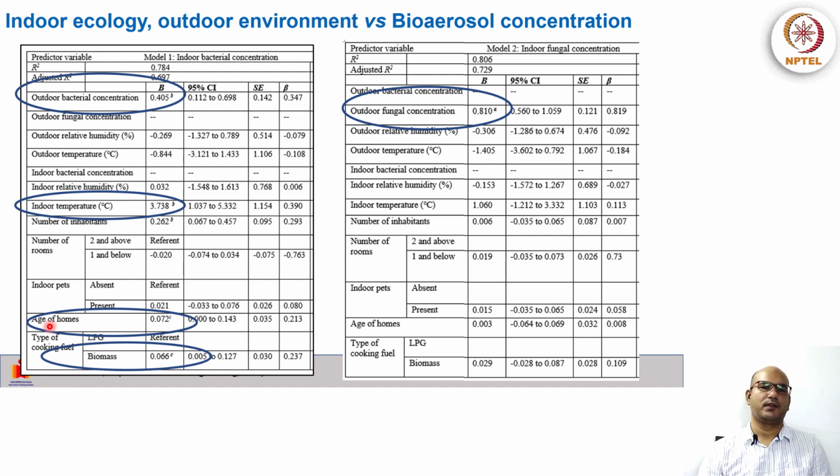So there was a positive correlation. Likewise, compared to LPG, the burning of biomass fuel, mostly cow dung and wood, was influencing the bacterial concentration, most likely because these were also providing particulate matter surfaces for bacteria to grow.